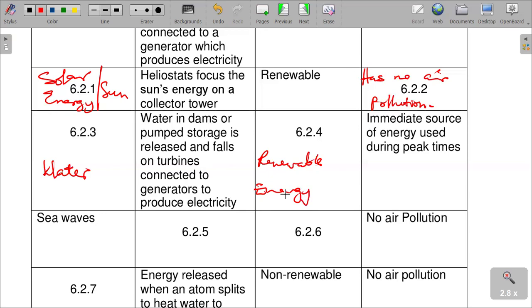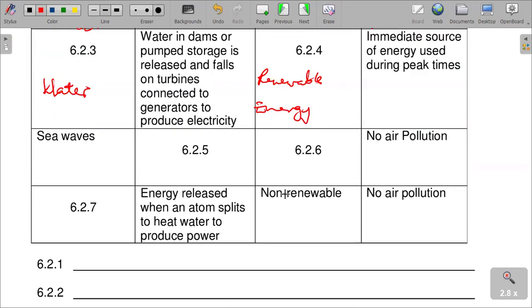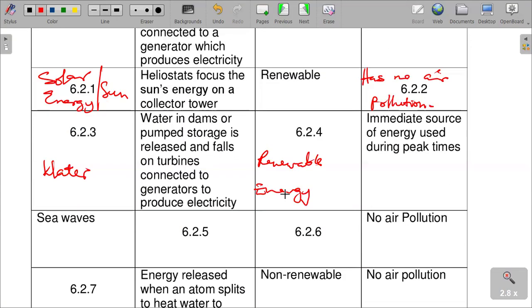And then 6.2.5, sea waves. In terms of description, how do the sea waves work? What we need to understand is that there is up and down motion of waves that can be converted into electrical energy.